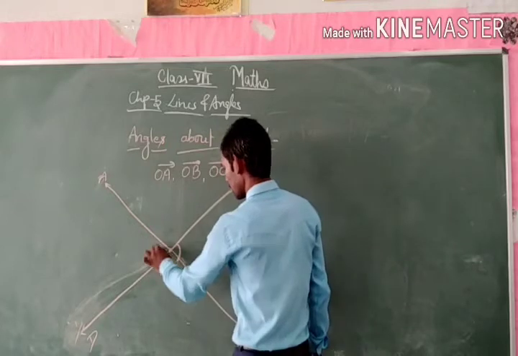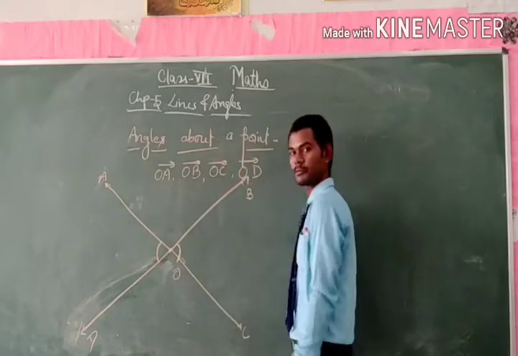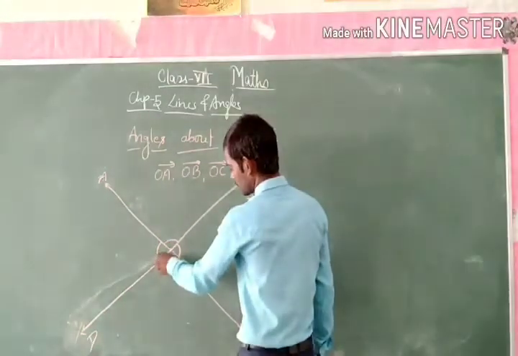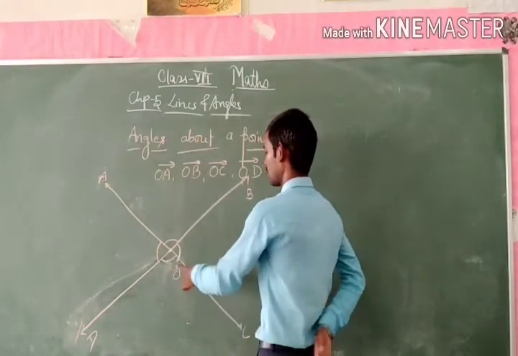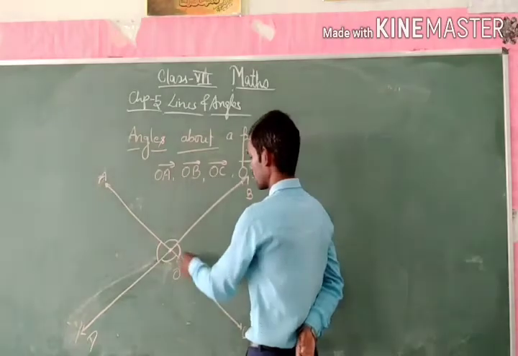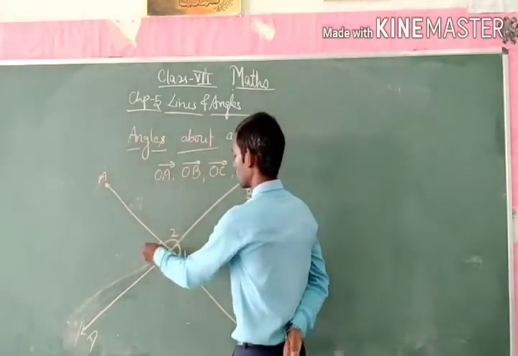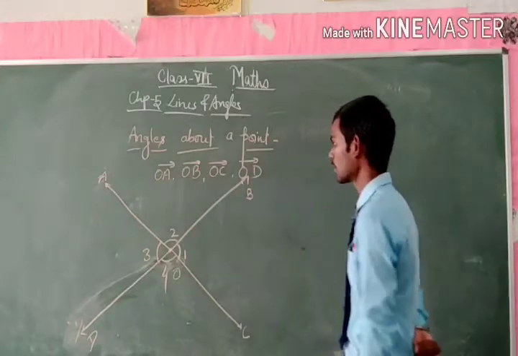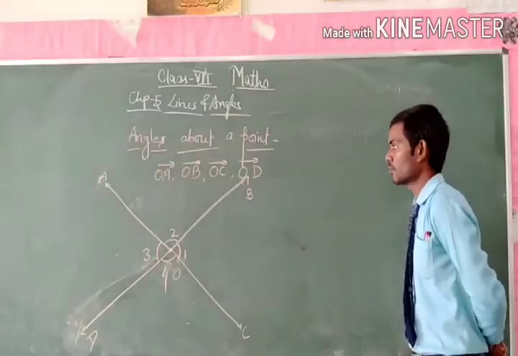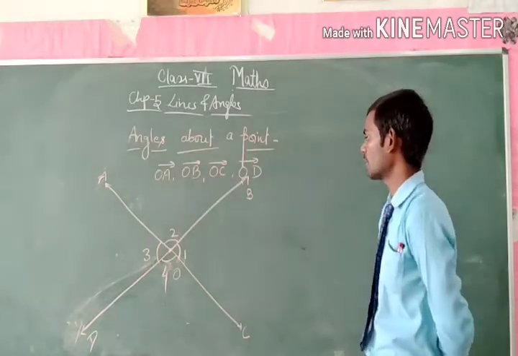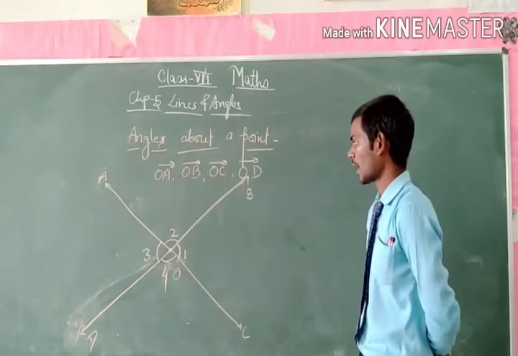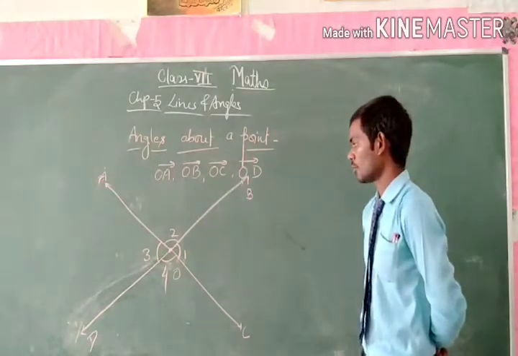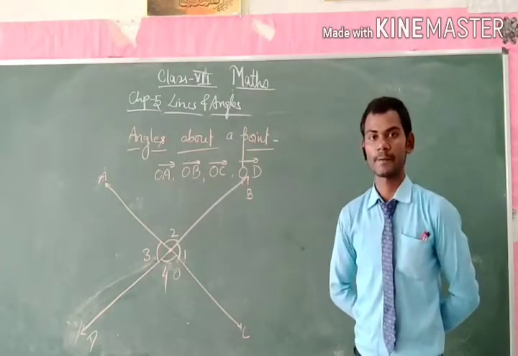This is the first angle and it is its vertically opposite angle. Similarly, this angle is vertically opposite to this one. Let's give names to these angles: angle 1, angle 2, angle 3 and angle 4. Here the rays OA, OB, OC and OD are at the same end point, forming the angles 1, 2, 3 and 4 respectively.